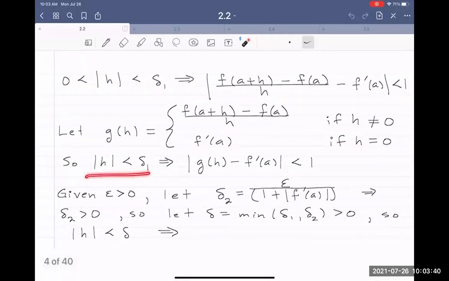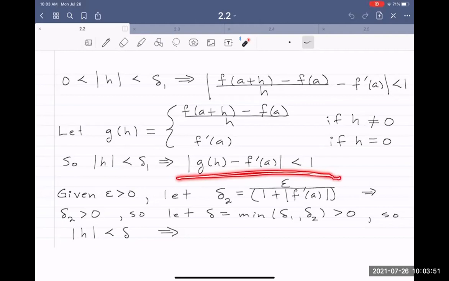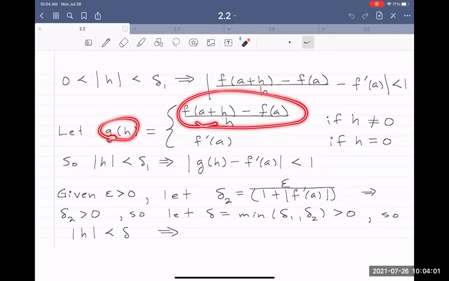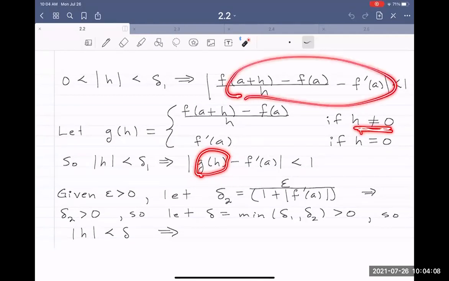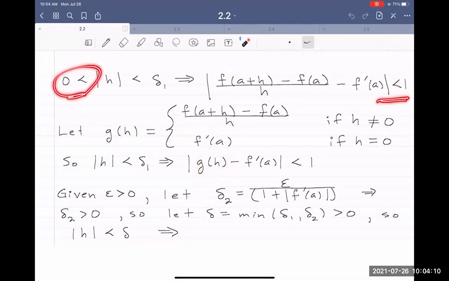So h in absolute value being less than delta 1 implies that g of h minus f prime at a in absolute value is less than 1. Certainly that's true because g is equal to this quotient if h is not equal to 0, and so from here I have that this absolute value is less than 1.